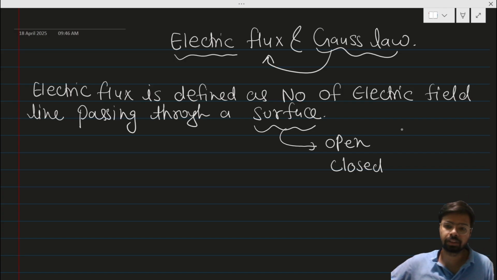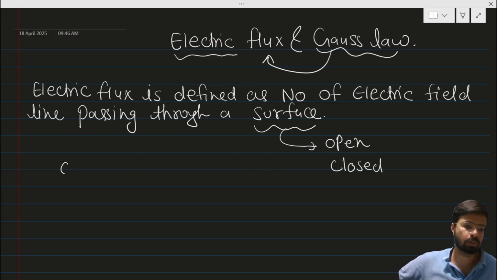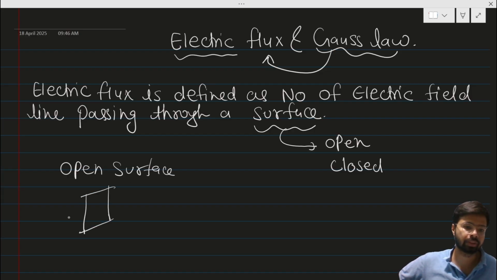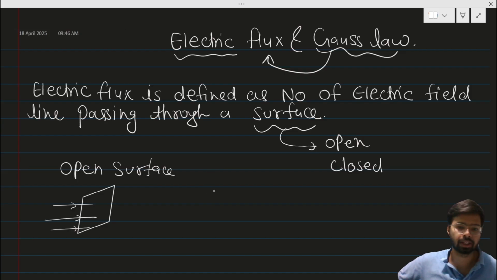Open surface means like a planar sheet. When electric field lines are passing through the sheet, it is called an open surface. And a closed surface is like a cube.